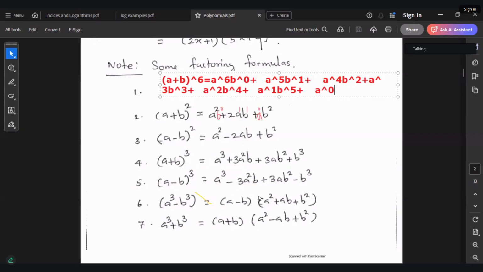A0 into B6. Can you understand how we are writing the elements? So A6, because this is 6: A6, A5, A4, A3, A2, A1, A0. Similarly B, earlier B0, no need to put it actually: B1, B2, B3, B4. It is increasing. B5 and B6.